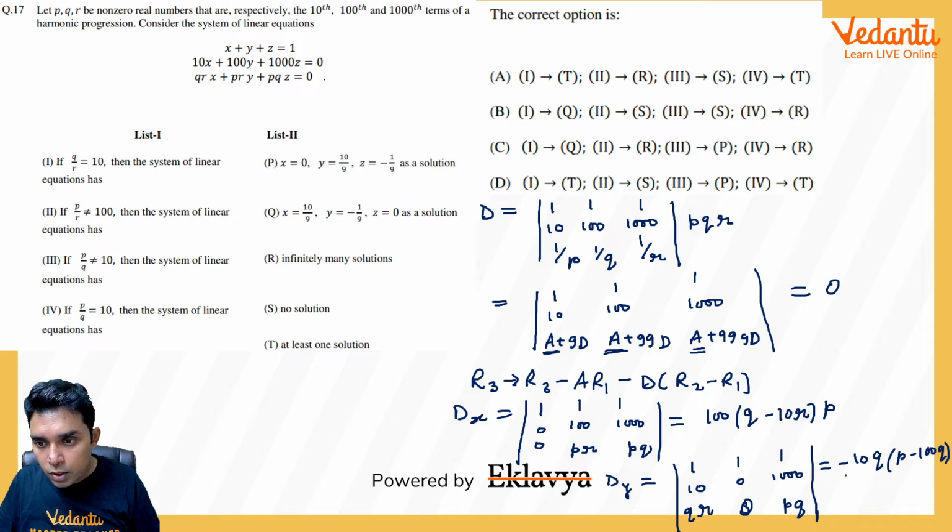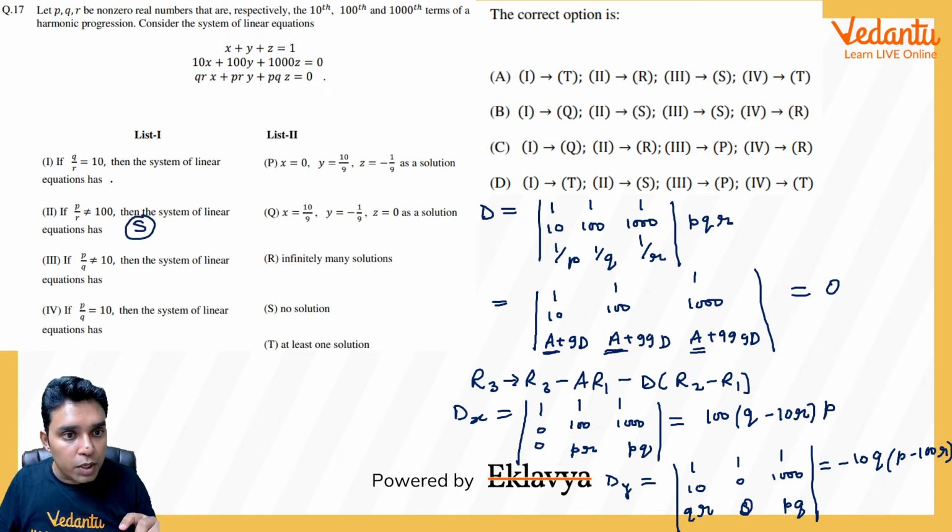I have taken Q common, so it will be P minus 100R. So if P minus 100R is 0, then dy will also be 0. Meanwhile, if P is not equal to 100R, then there will be no solution. So I can conclude from here also.